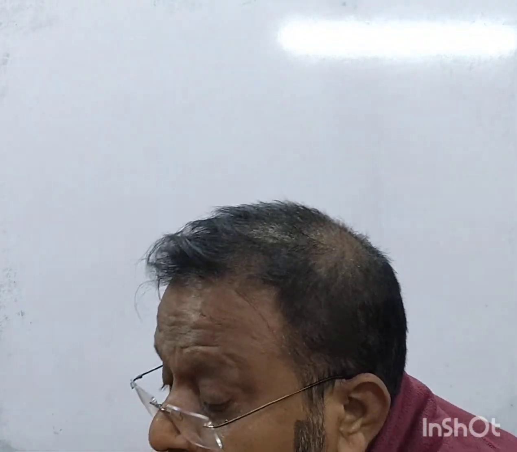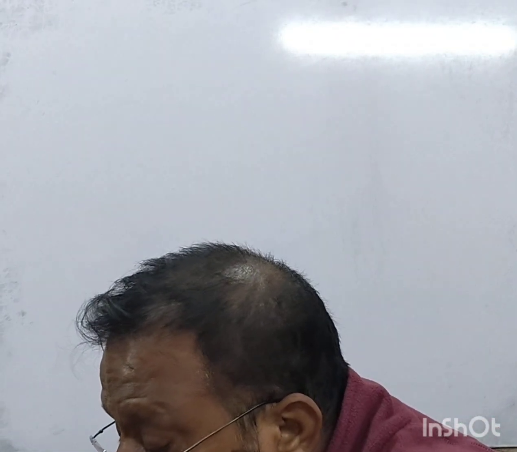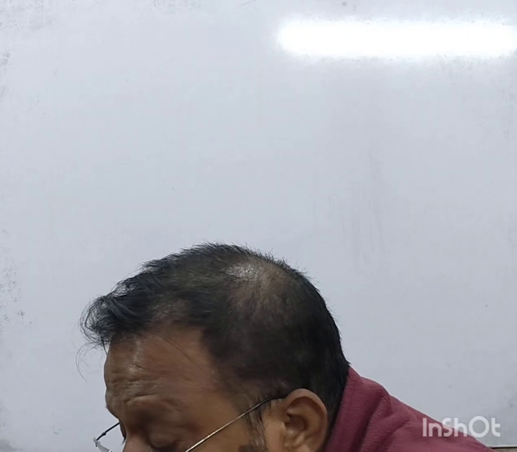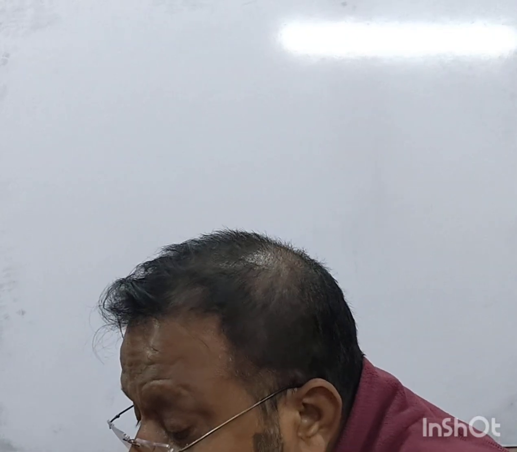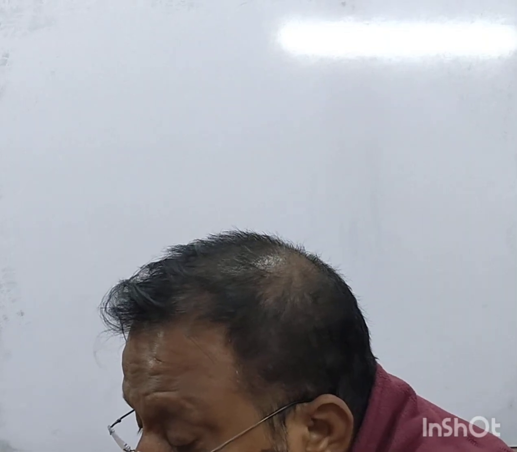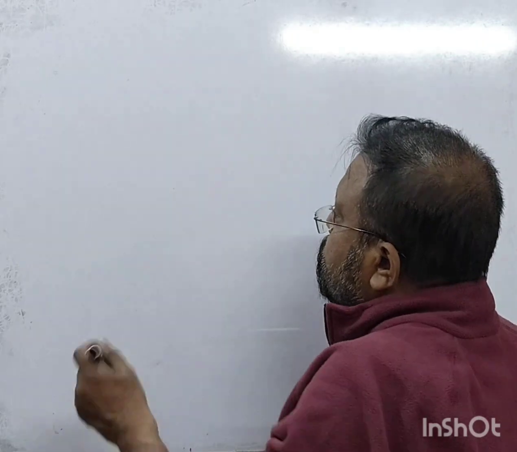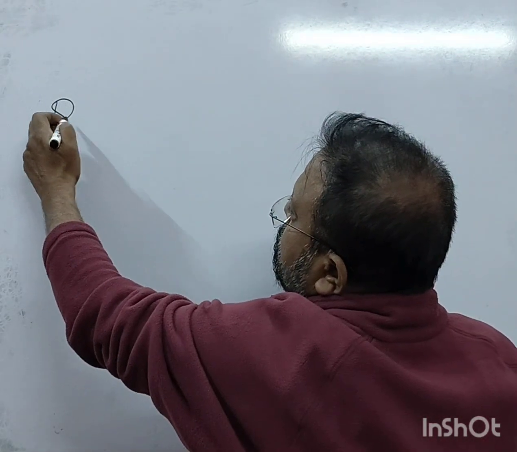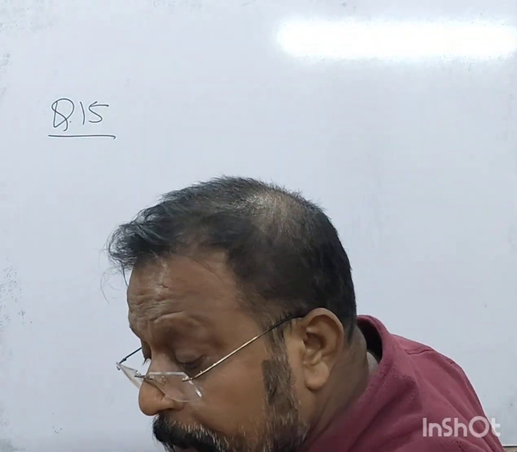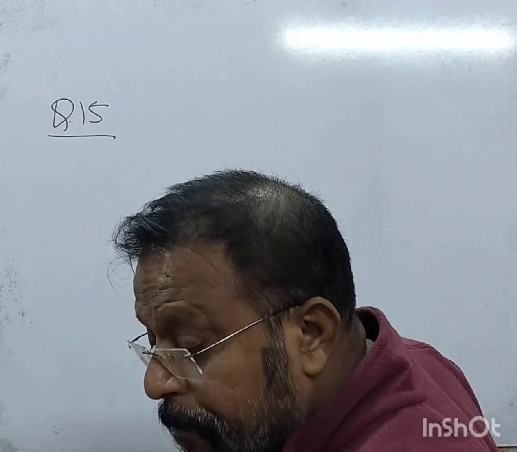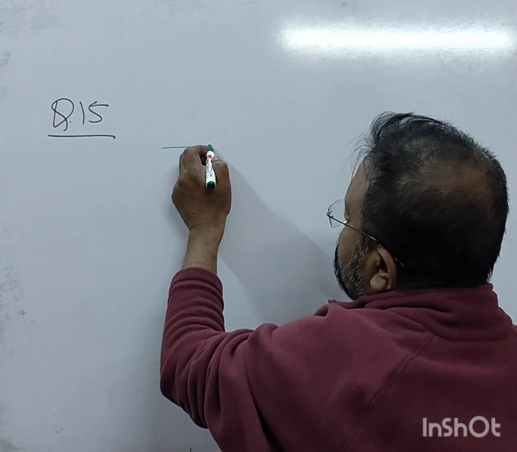Question number 15: a bulb is connected to a battery of potential difference 4 volt, internal resistance 2.5 ohm, with a steady current of 0.5 ampere in the circuit. There is a bulb, this is the circuit.